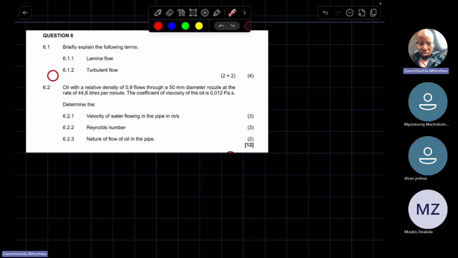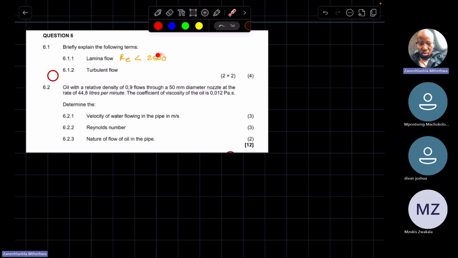So to get laminar flow, the Reynolds number must be less than 2000. Some textbooks will have 2500. So you can say 2000, you can say 2500. I'm fine with either of those, depending on which textbook you are using, because other textbooks use 2500, others use 2000.